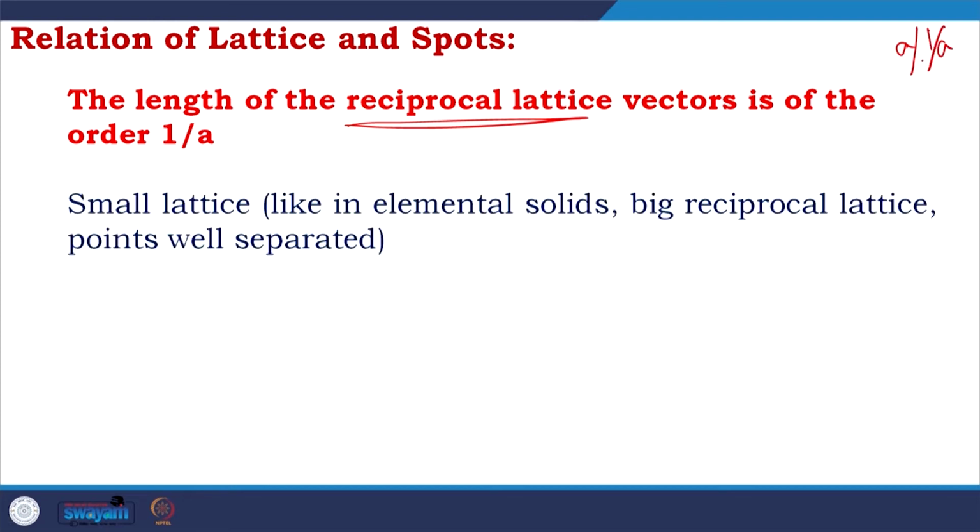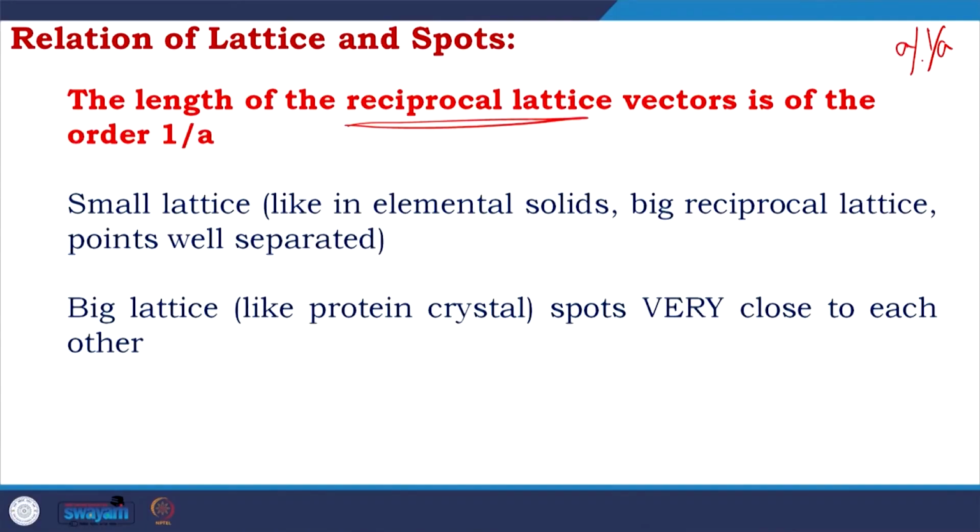Small lattice, like in elemental solids, gives a big reciprocal lattice with points well separated. For example, a lot of small molecule synthetic chemists solve the structure of their small molecule through X-ray crystallography, and for them that is not a problem, but it is a problem for protein, which forms big lattices.